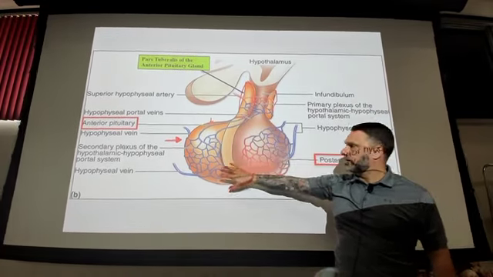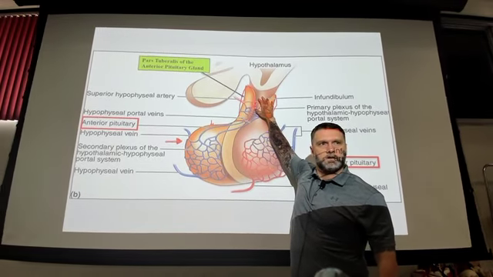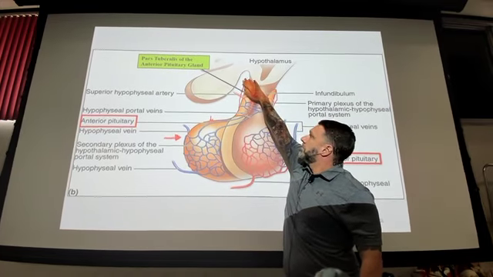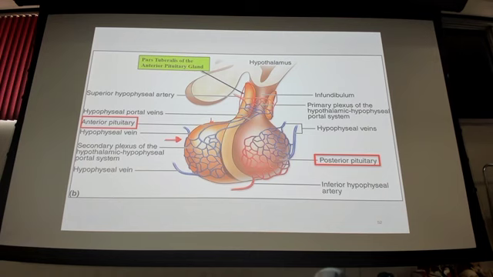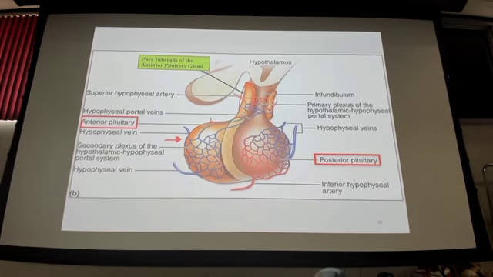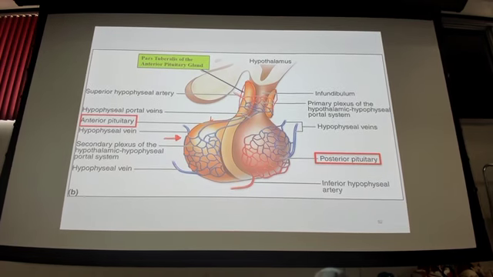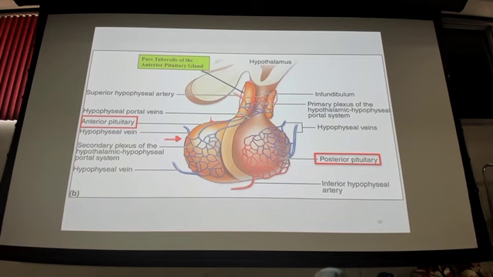Anterior is this part over here, and this part wrapped around. Is that cut away? No, it doesn't wrap all the way around. He was asking if the pars tuberalis, that wraparound piece, is cut away. It's not.